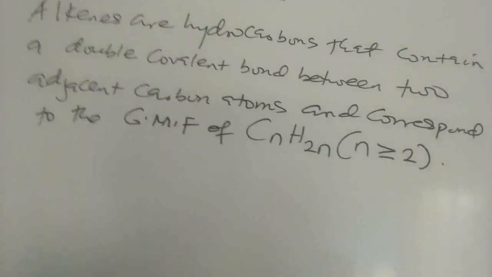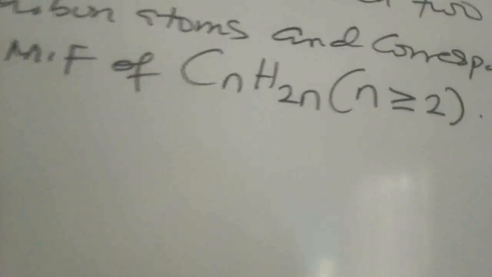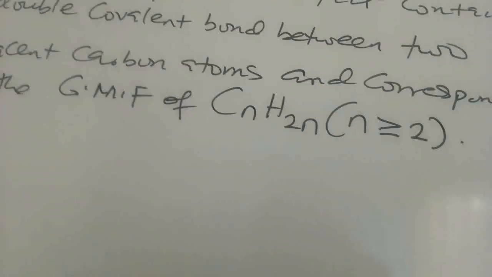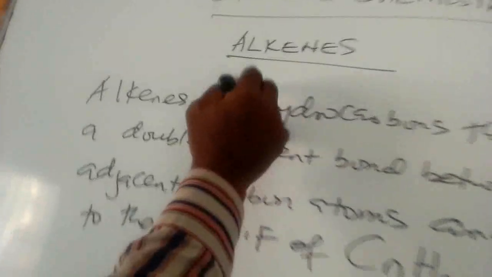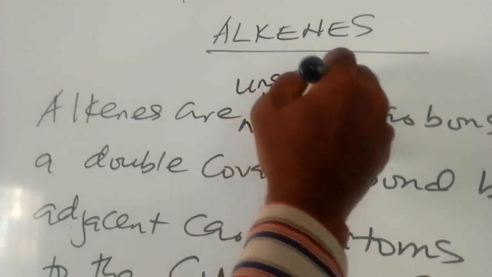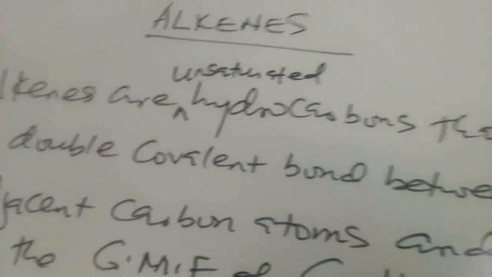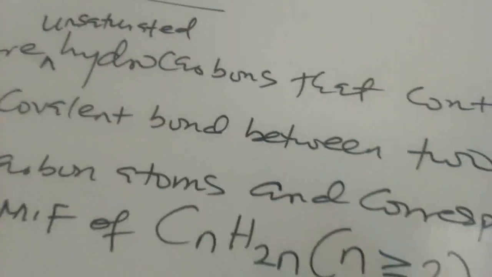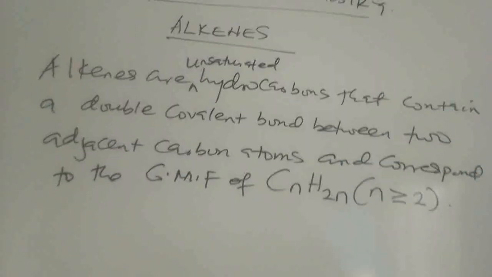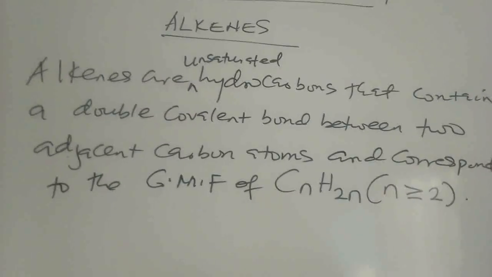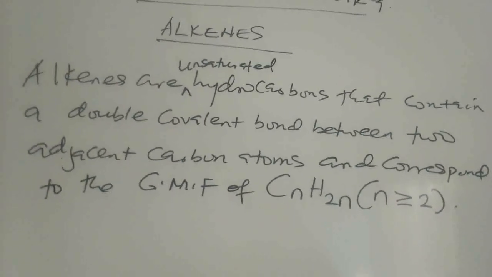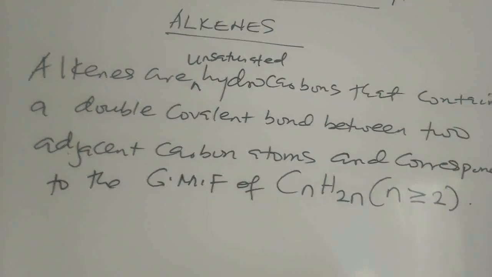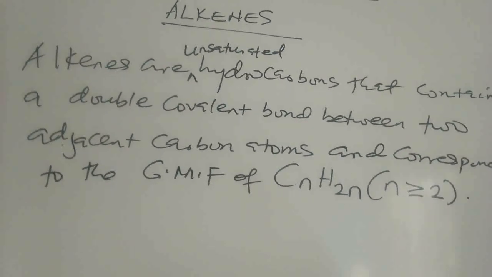Unlike the alkanes, which have n starting from 1, alkenes have n starting from 2. And of course, it's good to say that alkenes are unsaturated hydrocarbons.